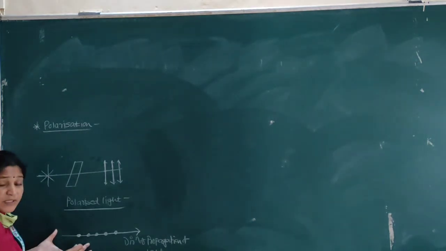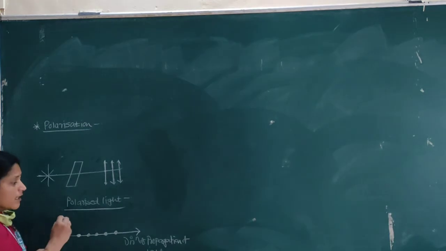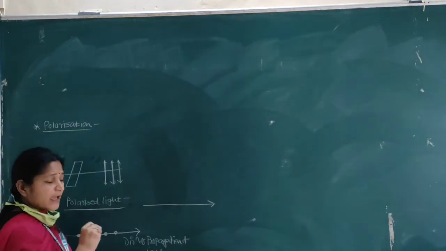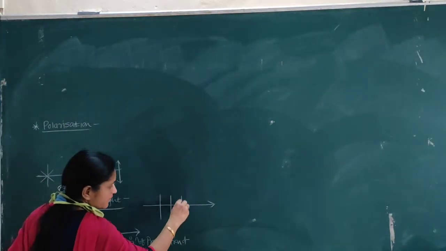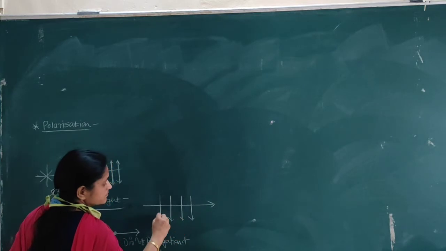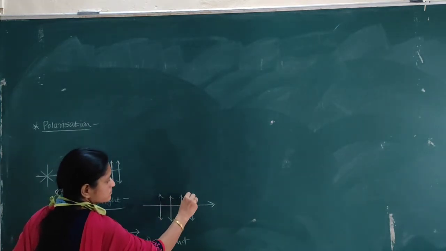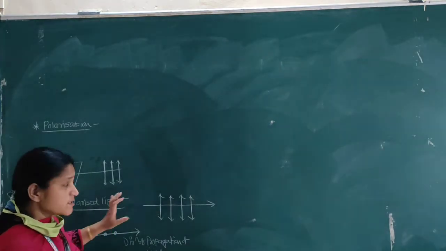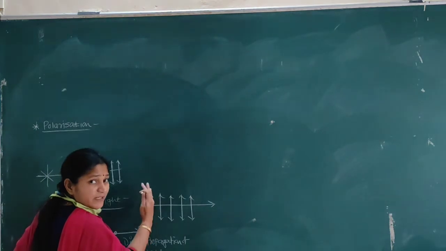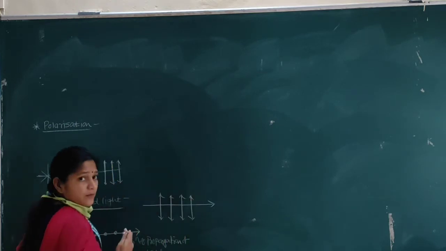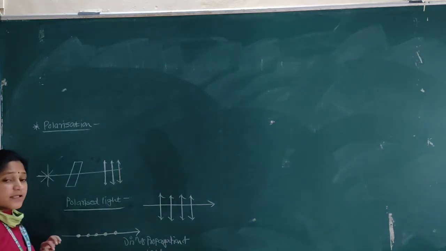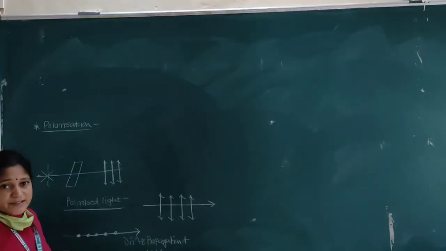Similarly, if we represent light by a single arrow in that line, then it is also polarized light, because this is also unidirectional. Hence both are polarized light.